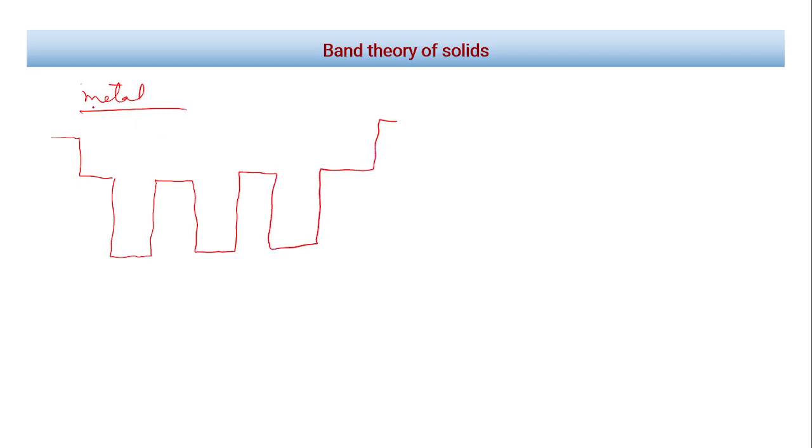Okay, so for a metal, this is the situation the electrons see. If I have a metallic solid, these are my atoms, 3 atoms.